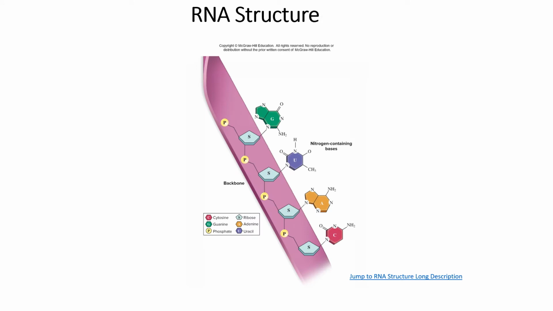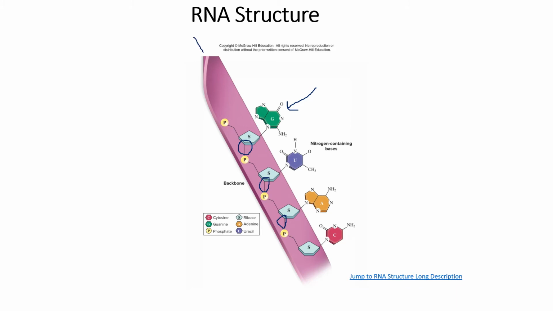Alright, so here's the basic structure of a nucleic acid. You get the covalent bonds between the sugar and the phosphate. And so this is how they're linked together. And the bases will kind of hang off to the side.